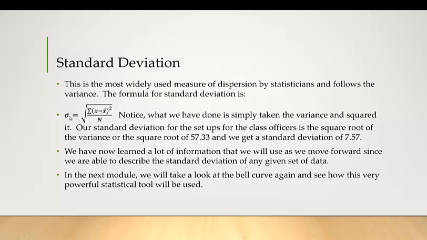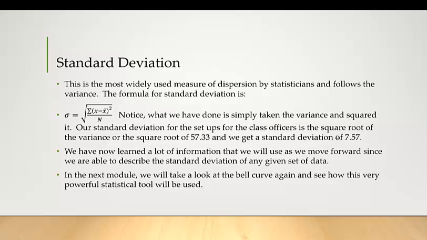So really what we're doing to get to the standard deviation is taking the square root of our variance. Notice what we've done is simply taken the square root of the variance. Our standard deviation for the class officers is the square root of the variance, or the square root of 57.33, and we get a standard deviation of 7.57.